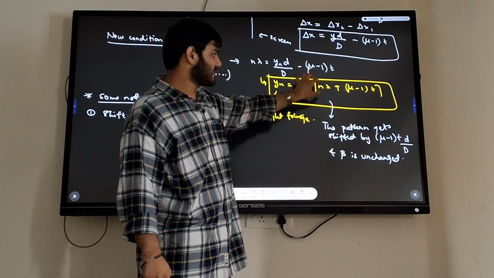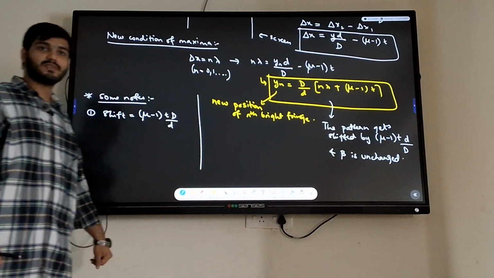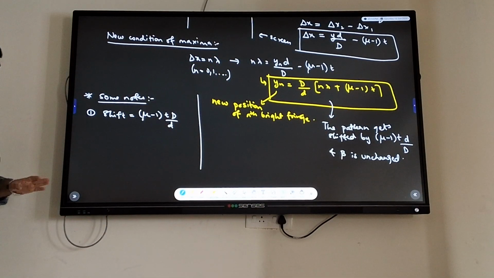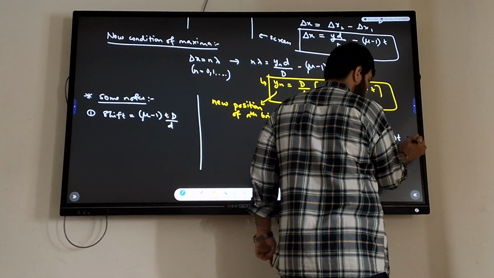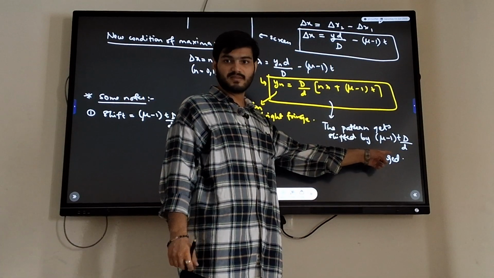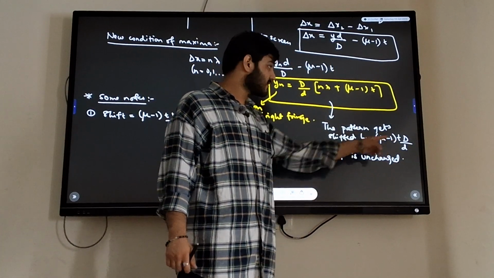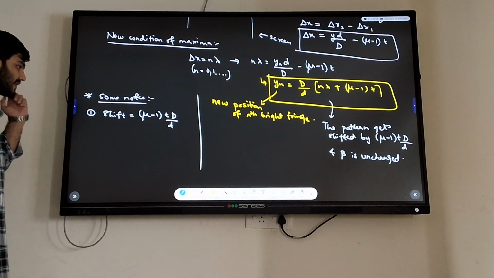This was the initial and then this became this. So that is the shift. So there should be capital D by small d. Okay, capital D by small d is written. There is a slight problem here, capital D by small d. Please correct it. Okay? So the shift is equal to (mu minus 1) t capital D by small d.